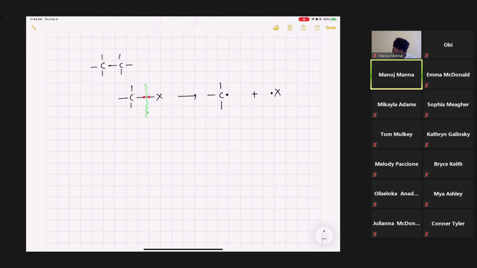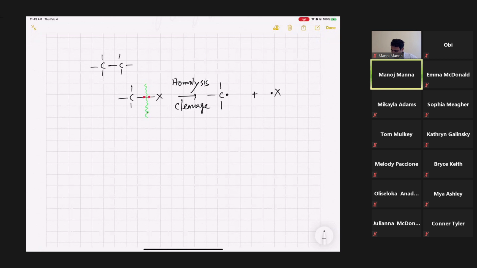This kind of process we call homolysis bond cleavage, because when you break the covalent bond, each atom gets one electron. Homolytic bond cleavage.